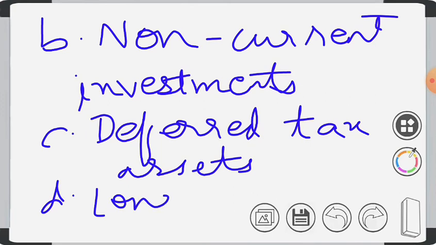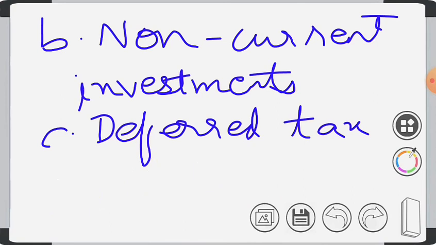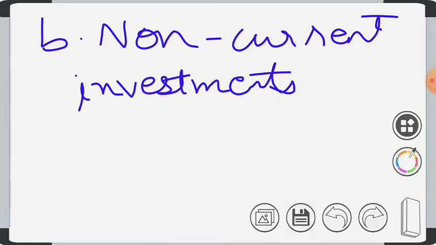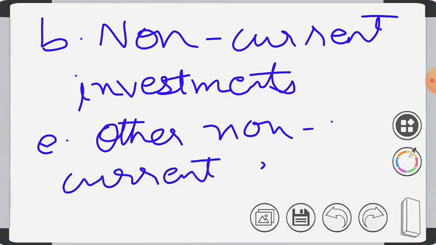D is long term loans and advances, and E would be other non current assets. So these are the elements under non current assets.